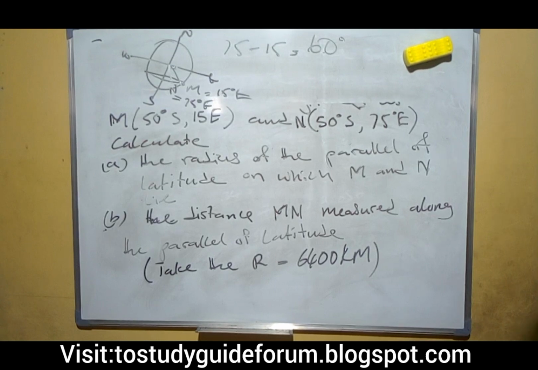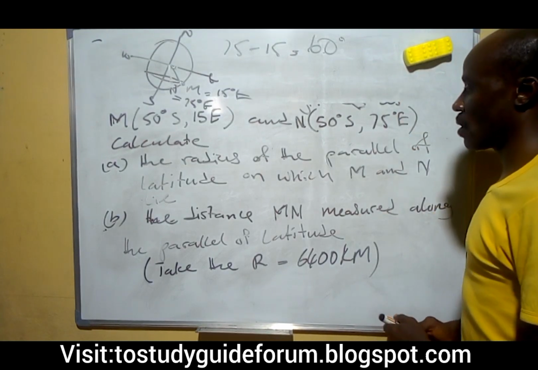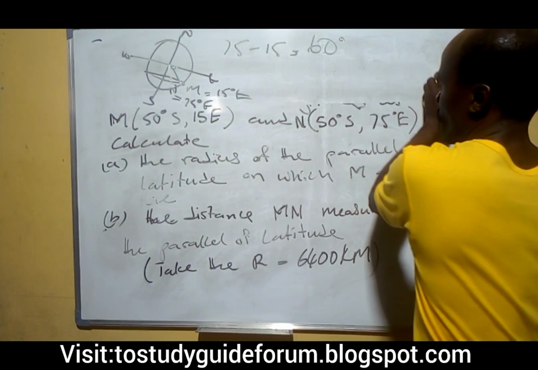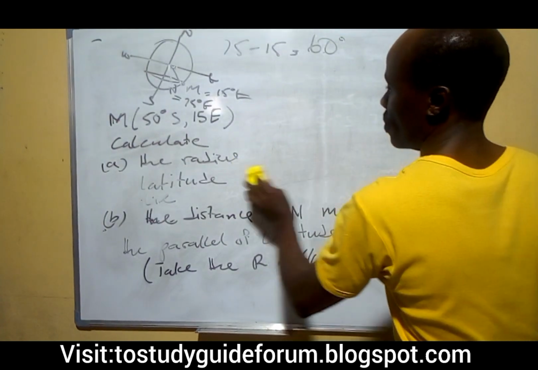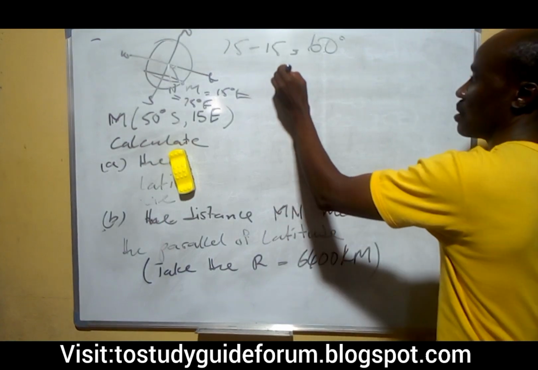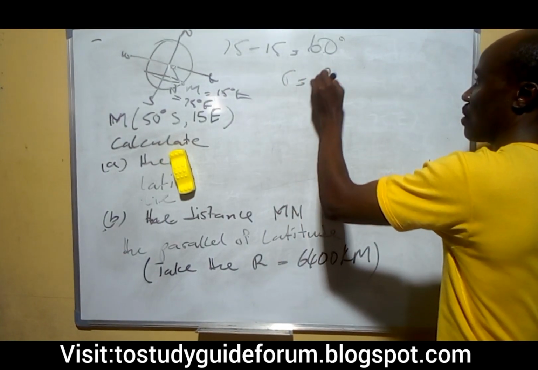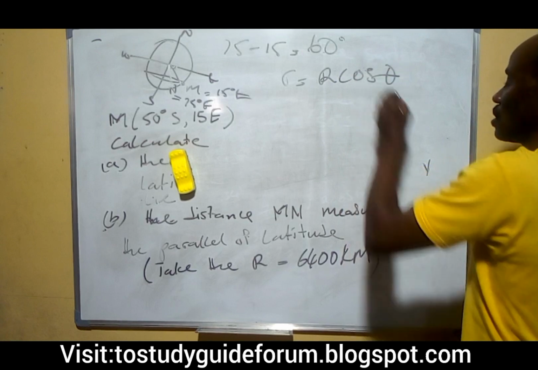So the first question is the radius of the parallel of latitude. Let's quickly go to that one first. Remember, since it is the parallel of latitude, the radius is R cos theta.